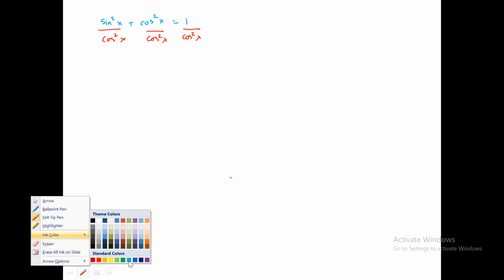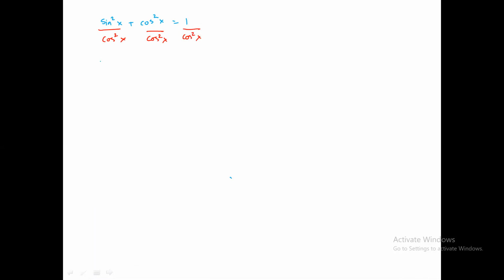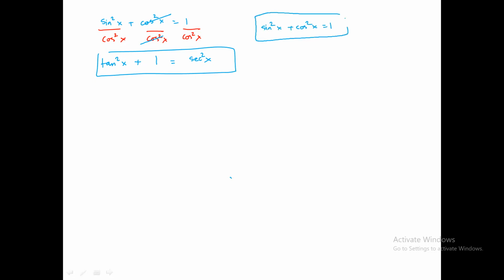Then what will you get? Sin square x by cos square x is tan square x. Cos square x will cancel. 1 equal to 1 by cos square x is secant square x. So this is another form, which actually I got from sin square x plus cos square x equal to 1.